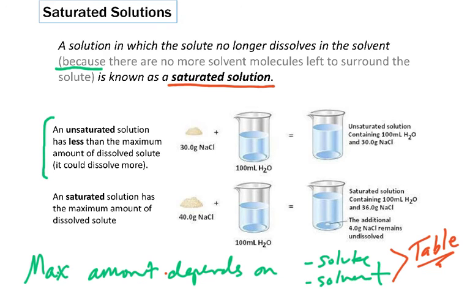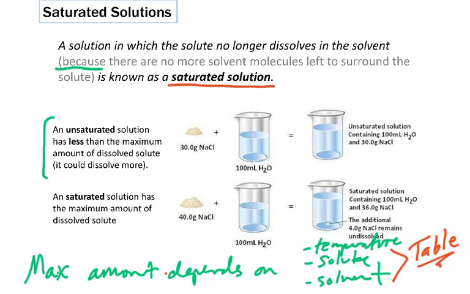I should add, the maximum amount also depends on temperature, right? And you probably know that from experience. If you want something to dissolve, you might heat it up, right? So the maximum amount that can be dissolved increases as temperature increases. So those are the variables.